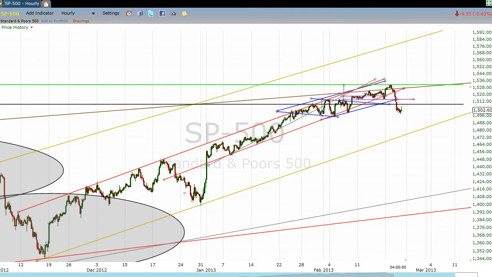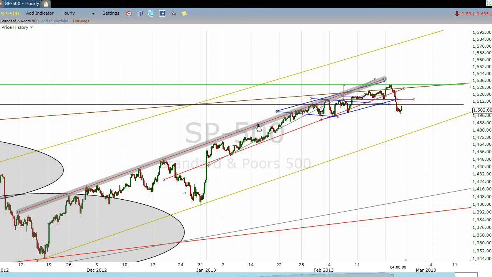Starting with an hourly chart here, you can see that we have a channel that had been working all year long that was also possibly, we'll see, part of an even larger channel. What we'd been watching for the entire duration of 2013 was the action bounded by this support line and this resistance line.